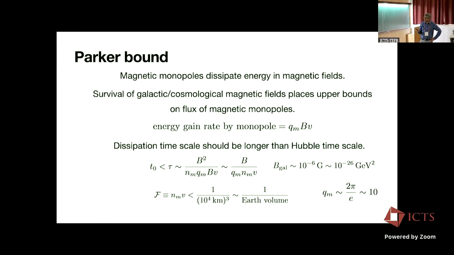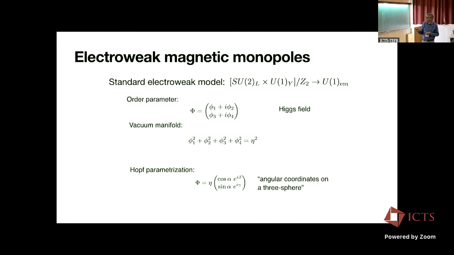So the Parker bound works like this. If you have a magnetic field, then you have magnetic monopoles in that magnetic field, and the monopoles start getting accelerated because of the pull of the magnetic field, and so they eat up the magnetic field. Okay? So if you observe magnetic fields, then you can say that must put a constraint on how many magnetic monopoles I have.